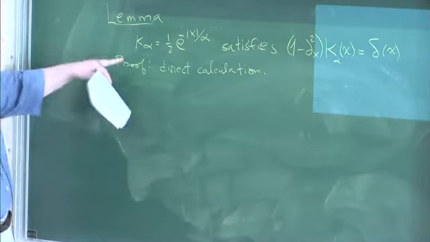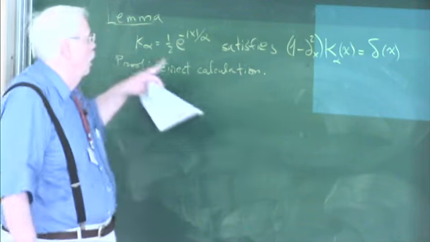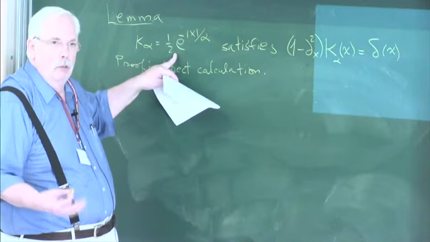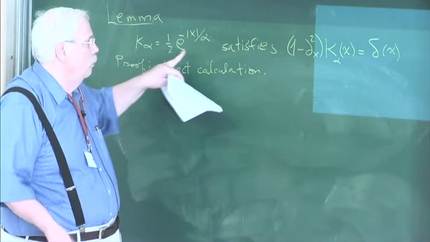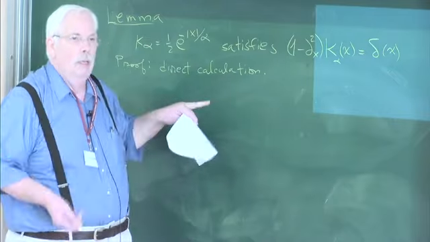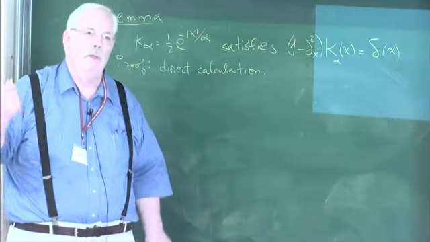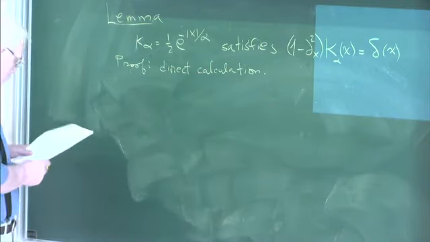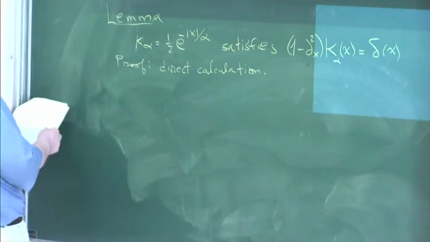If you operate with this operator on this function, one of the derivatives will bring down a signum of x, the next derivative will give you a delta, and everything else will cancel. And so this is a standard result.